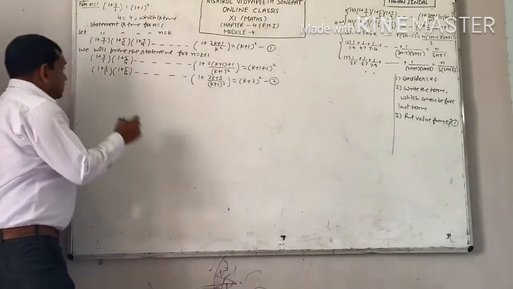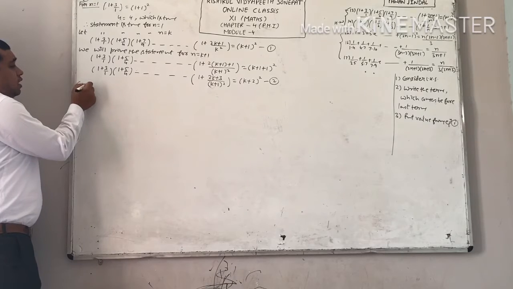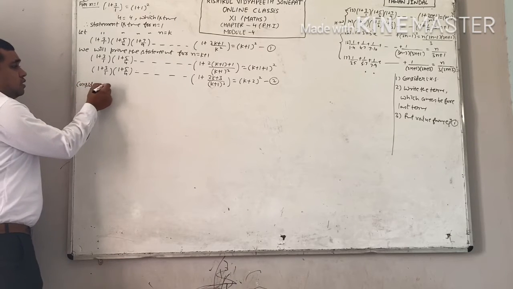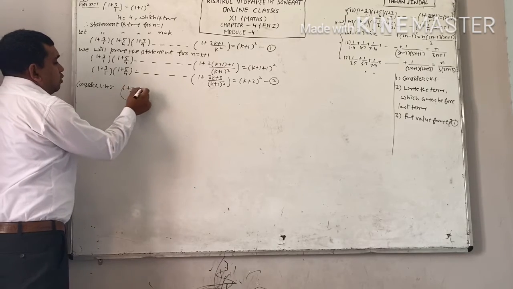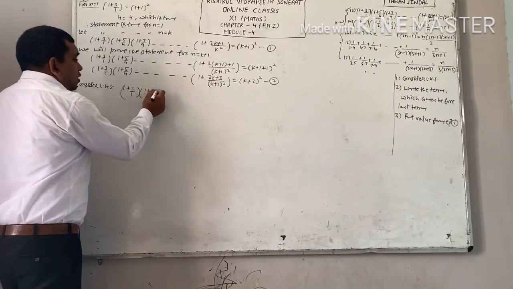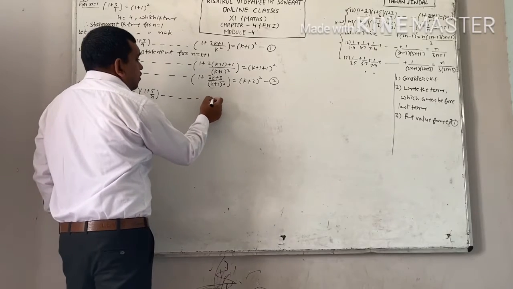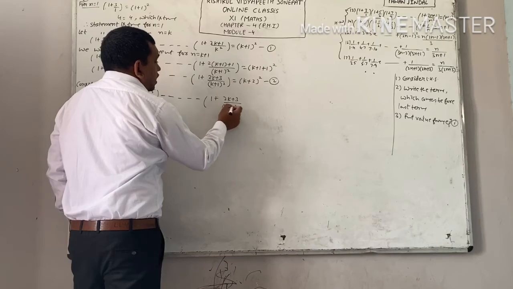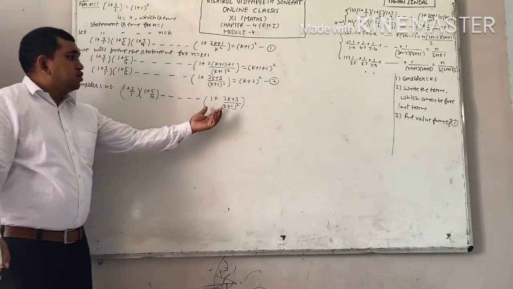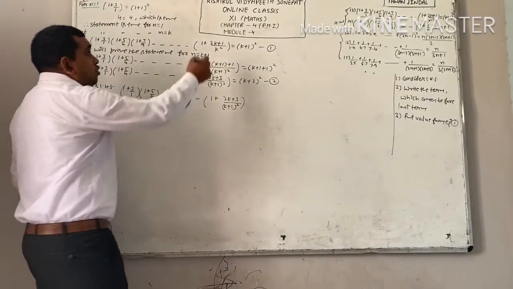First, consider left hand side. Your left hand side is 1 plus 3 by 1, 1 plus 5 by 4, up to so on 1 plus 2k plus 3 upon k plus 1 whole square. Now write down the term which comes before it, and this will be the last term of equation 1.